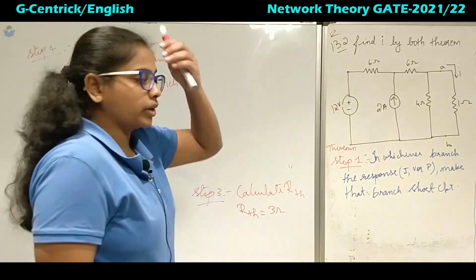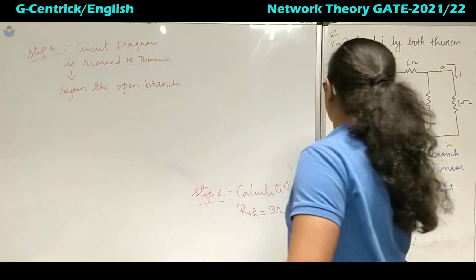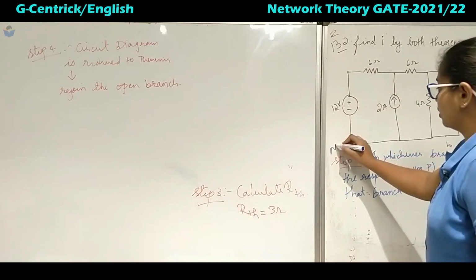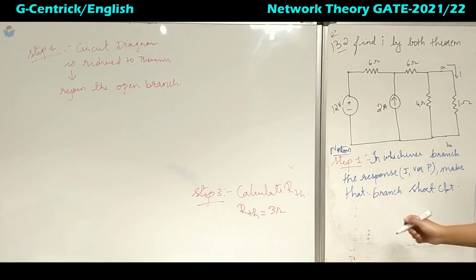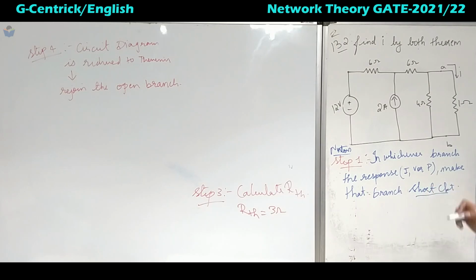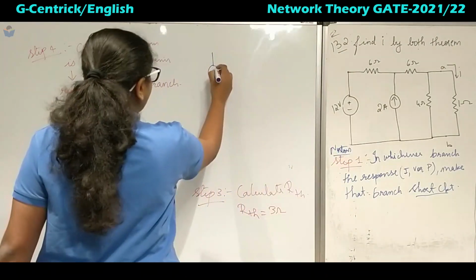Coming to this, using Norton's theorem, most of the steps are the same except for step 2. In step 1 in Thevenin's theorem we used to open this branch, but here we will short circuit it. We will remove that branch and short it.